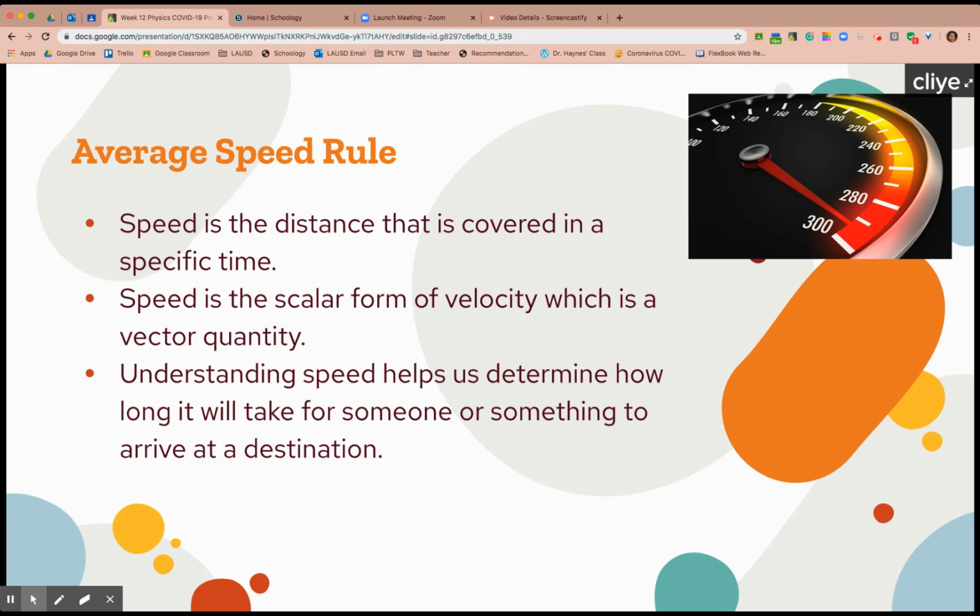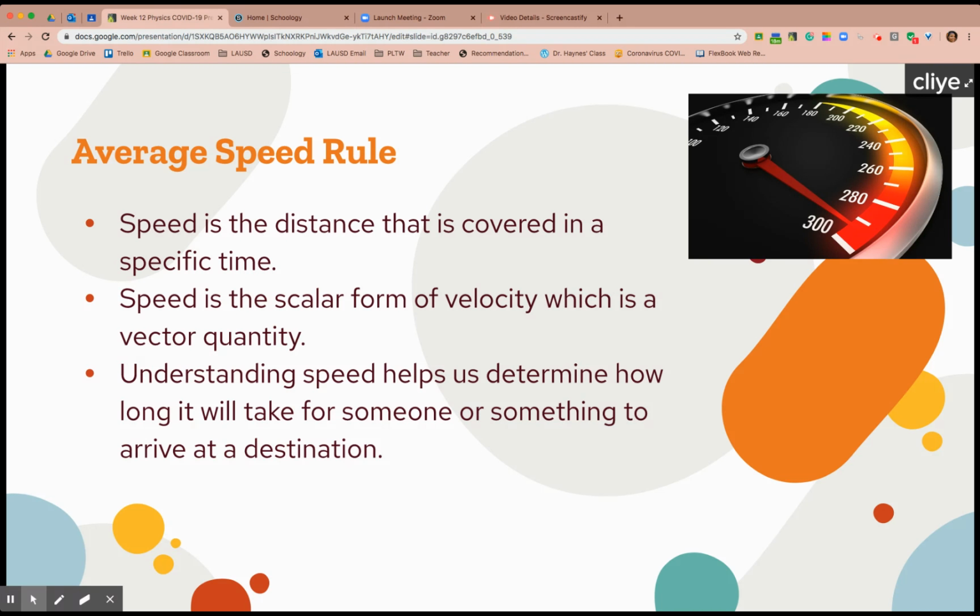So if I tell you that I need you to run 10 miles and you say, oh, I can do 10 miles in like 3 hours, then you can figure out what someone's speed is if they're going 10 miles in 3 hours, right? Or you can say 9 miles in 3 hours, right? And that'll be like 3 miles an hour because you would divide the 9 by the 3. And so miles per hour, feet per second, all of those are speeds, distance over time.